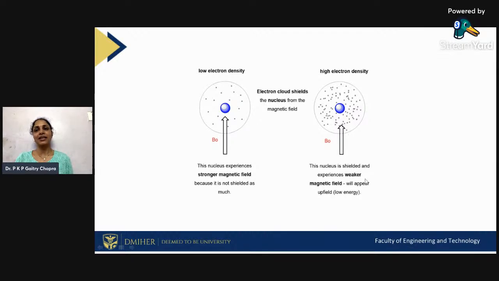And this induced magnetic field of the electron is basically opposing the applied external magnetic field. So if the electron density around the nucleus is more, you need to give a larger amount of external magnetic energy for the nucleus to get into resonance. So if the electron density increases, the amount of energy required for the resonance of the nucleus also increases.